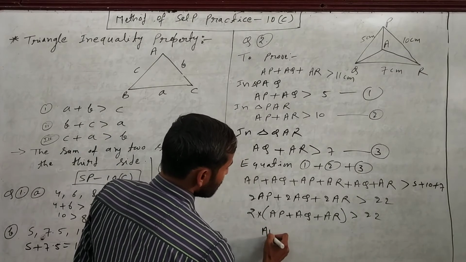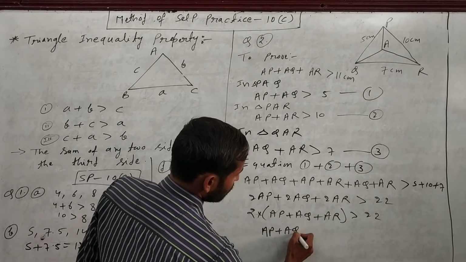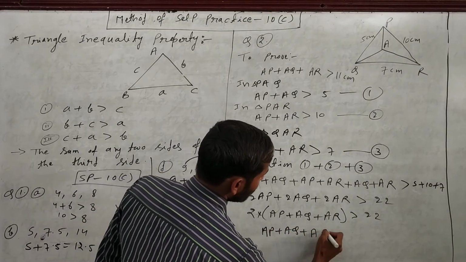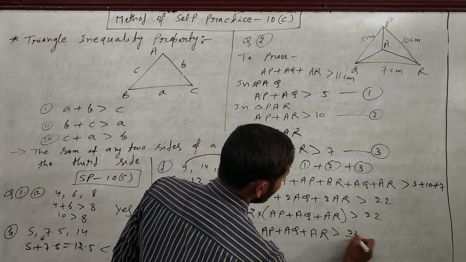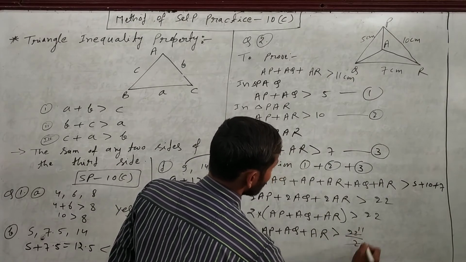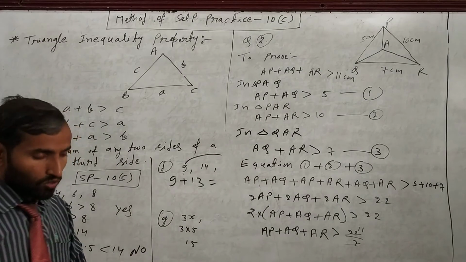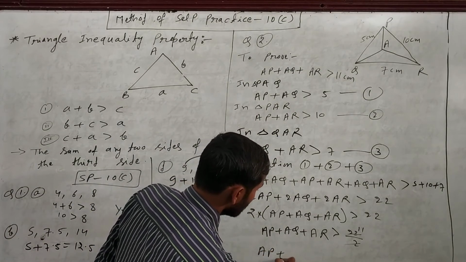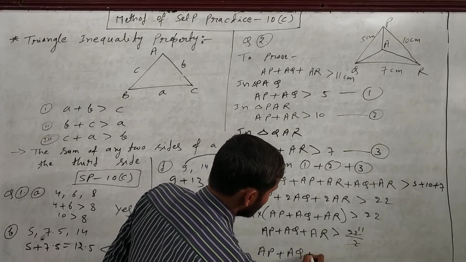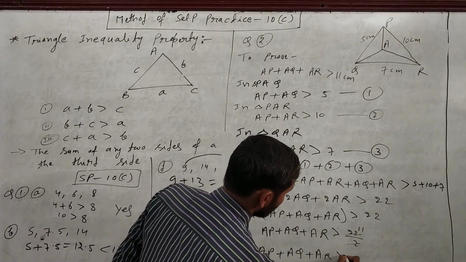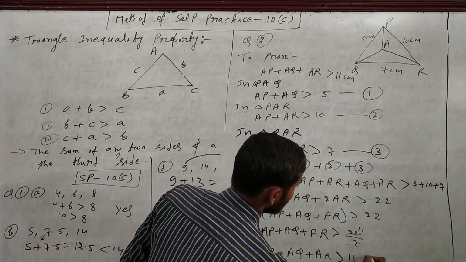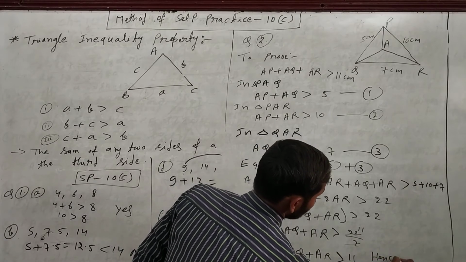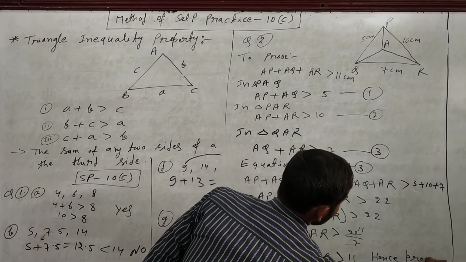So it will come AP plus AQ plus AR is greater than 22 divided by 2. We will cancel, it will come 11. So we have to prove this one only. Now we have got AP plus AQ plus AR is greater than 11. Hence proved. This is the final answer.